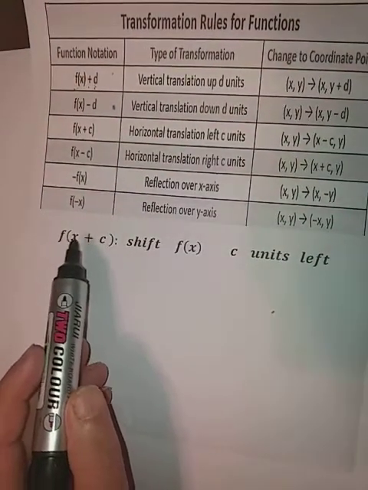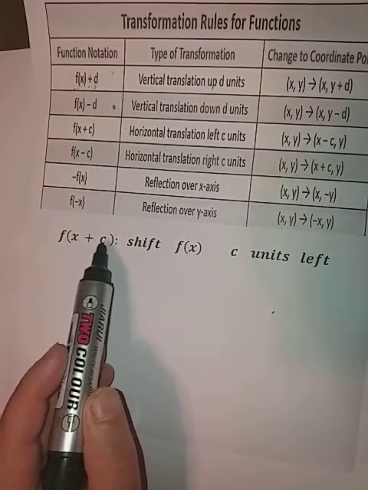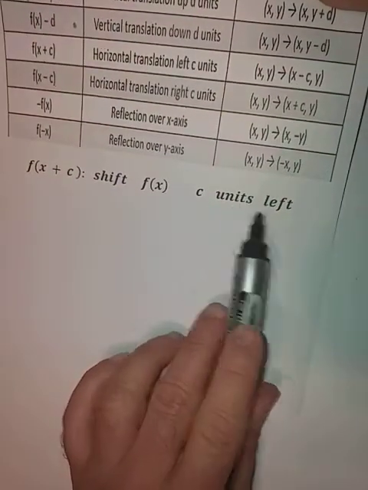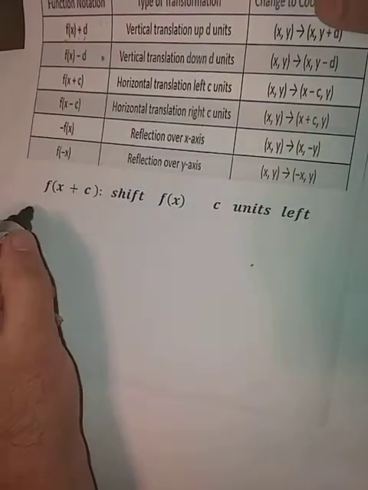As you know, for f of x, if we have a number inside the bracket, then we shift it c units left. Example.